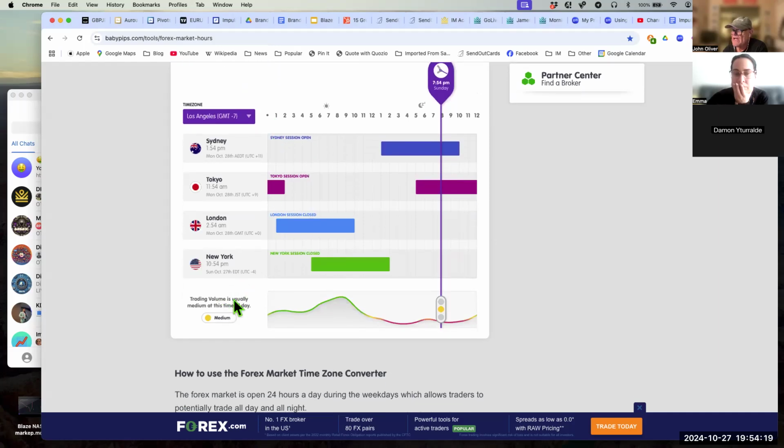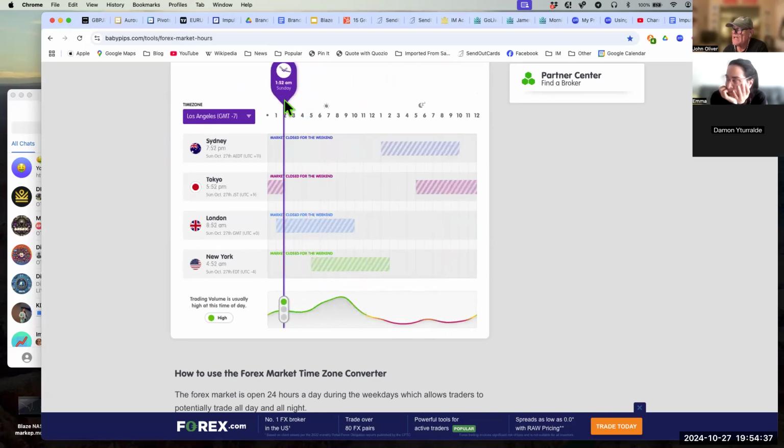And then you have trading volume right here. So when you're in the red down here, you can see the volume is low. The high volume, which is this green area, is when New York is open and when London is open. So you can see quite clearly from when London is open, at the bottom down here, it's green.